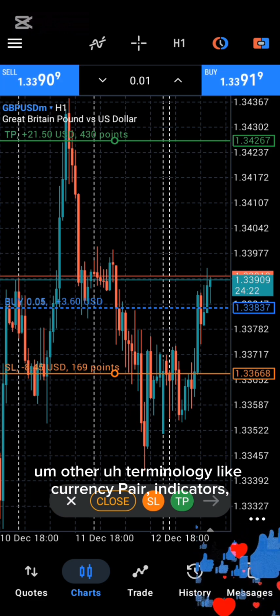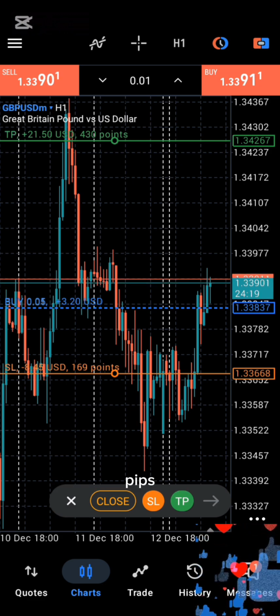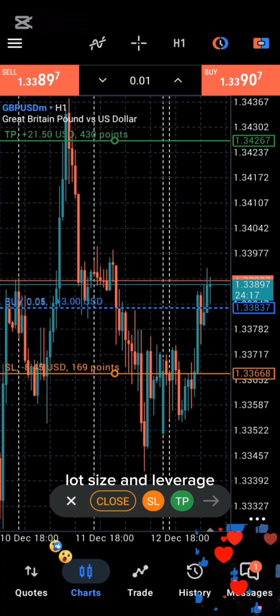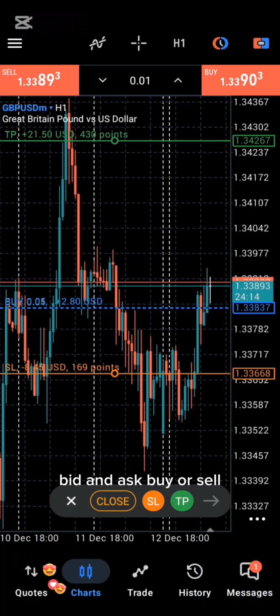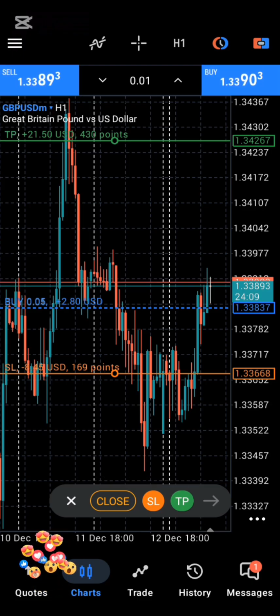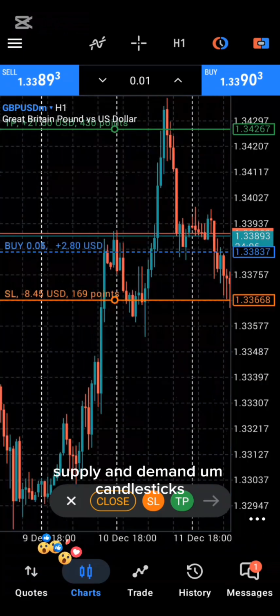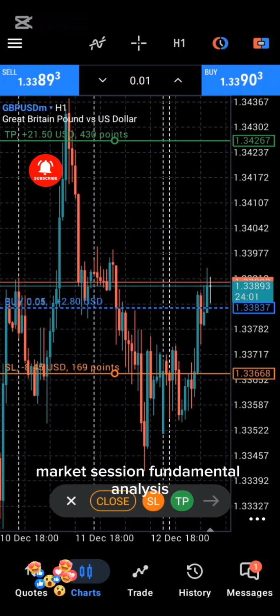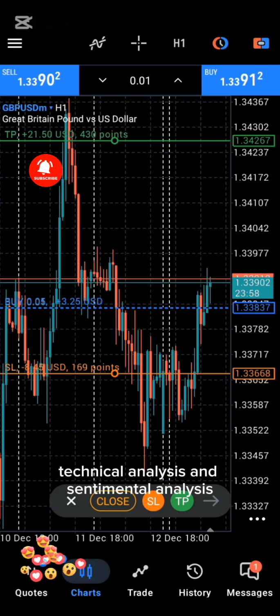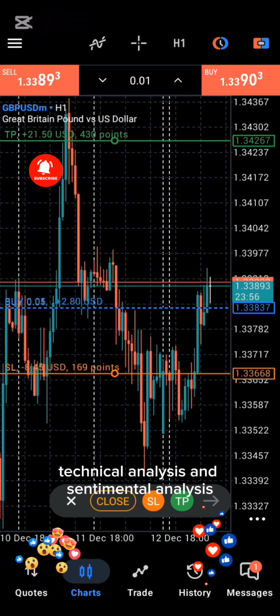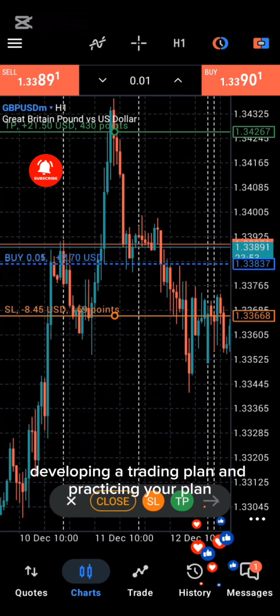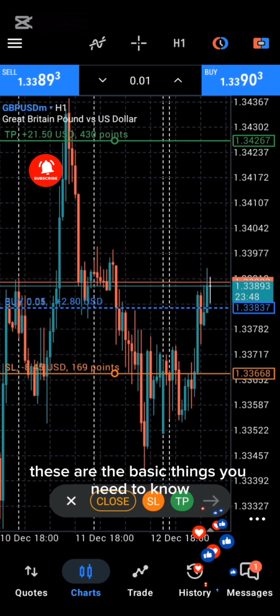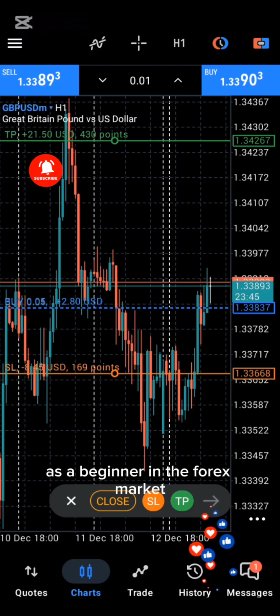Other terminology like currency pair, indicators, pips, lot size and leverage, bid and ask, buy or sell, spread, trend, supply and demand, candlesticks, market session, fundamental analysis, technical analysis and sentimental analysis, risk management, developing a trading plan and practicing your plan. These are the basic things you need to know as a beginner in the forex market.